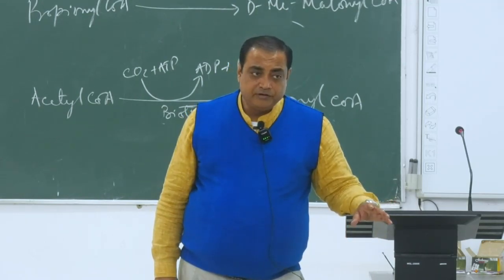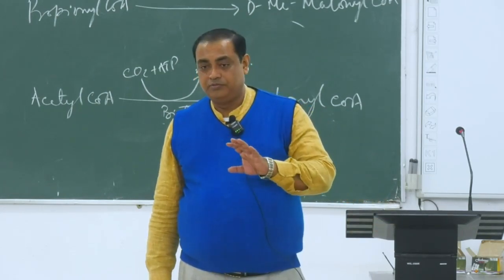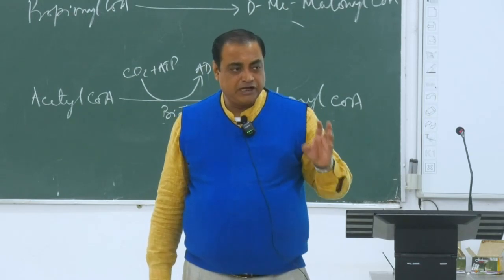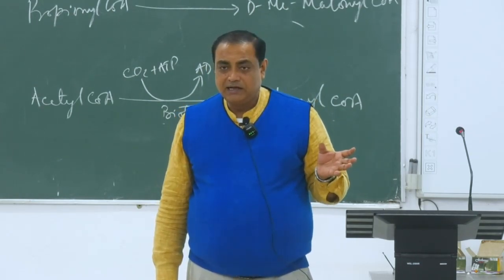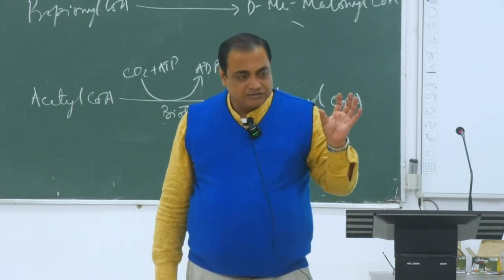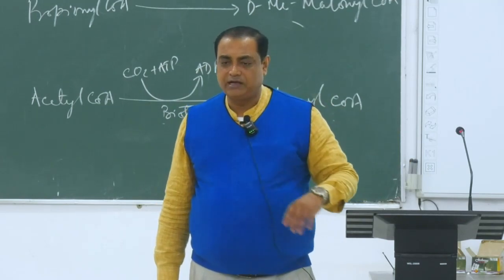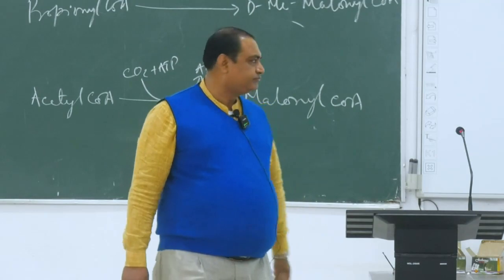Transporter of acyl group. Acetyl, propionyl, butyryl, glutaconyl. What are these? These are acyl groups, aliphatic chain acids. So these acyl groups are transported via coenzyme A. Clear?